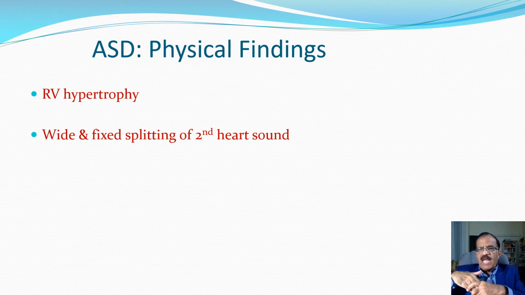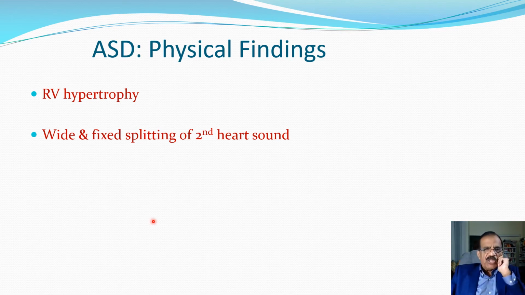At the same time, because of increased lung volume, less blood is going to the left ventricle, the left side. So there is more disparity. The closure of the pulmonary valve is further delayed and the aortic component comes even earlier than its time. So that is why the splitting gets widened during inspiration. That is a normal phenomenon.